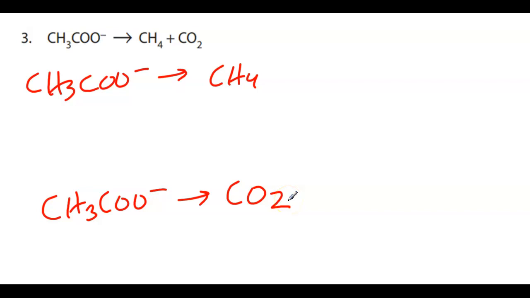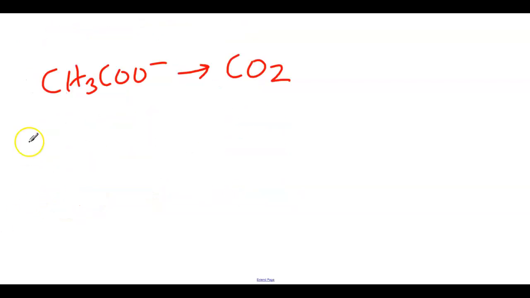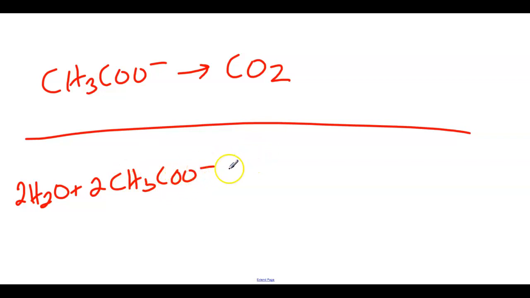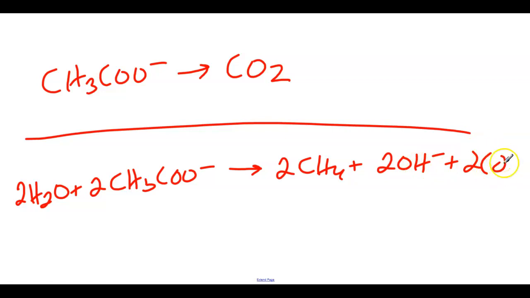So just so that you know to have the correct answer here, you should end up getting at the end of the day, after everything is said and done, 2 waters plus 2 CH3COO. Then this is going to be 2 CH4 plus 2 hydroxide plus 2 CO2 plus, actually that's it. And then this is another one where you can simplify. So this would actually just be 1, 1, 1, 1, 1.